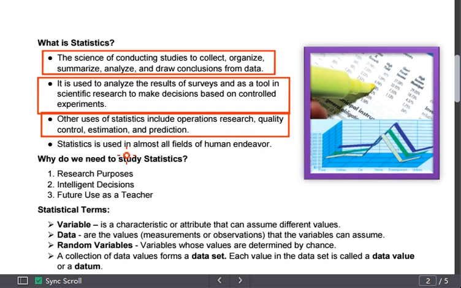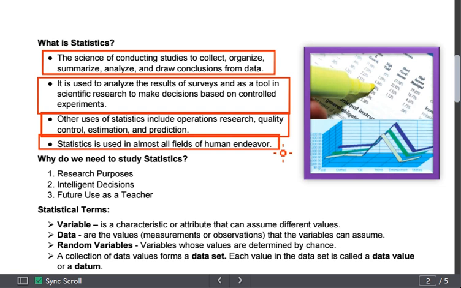So, statistics is used in almost all fields of human endeavor. So, in sports, for example, a statistician may keep records of the number of yards a running back gains during a football game, or the number of hits a baseball player gets in a season.